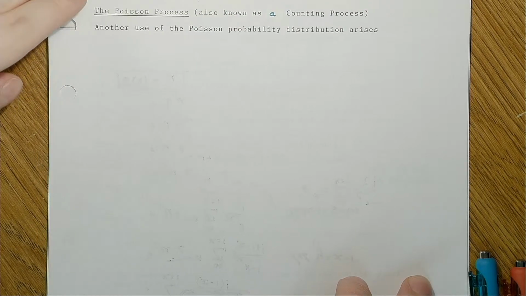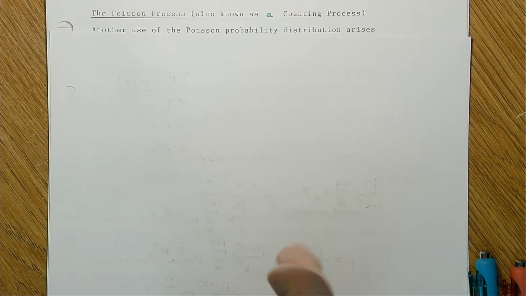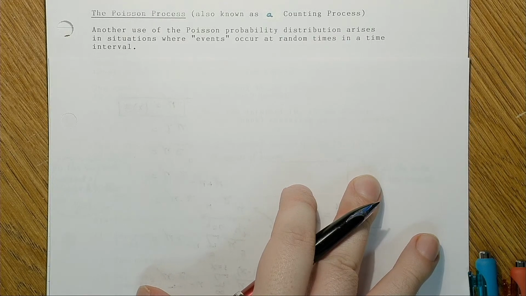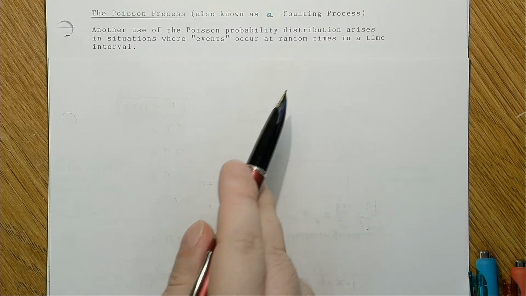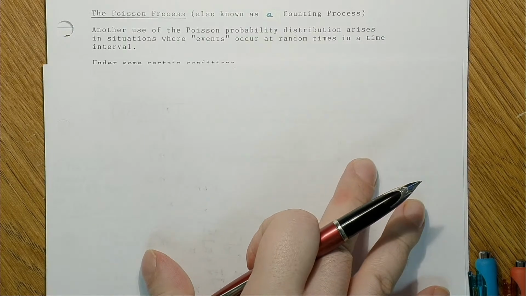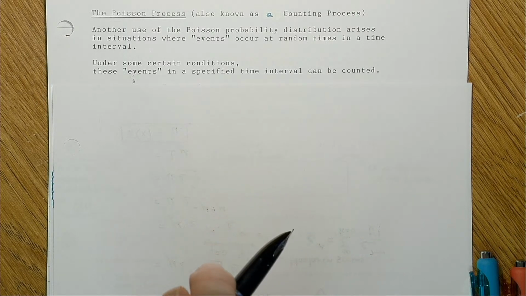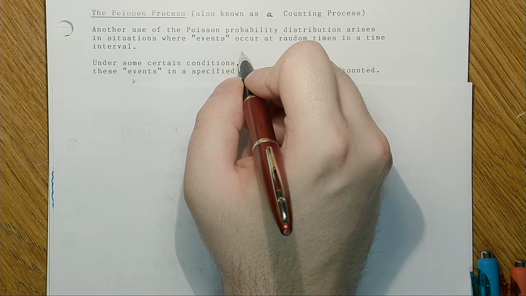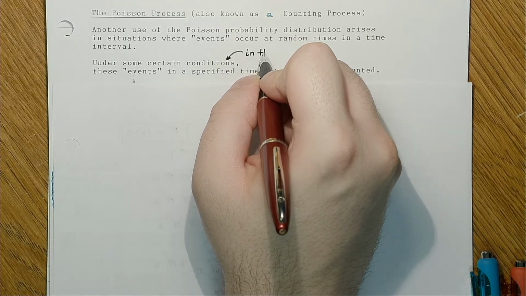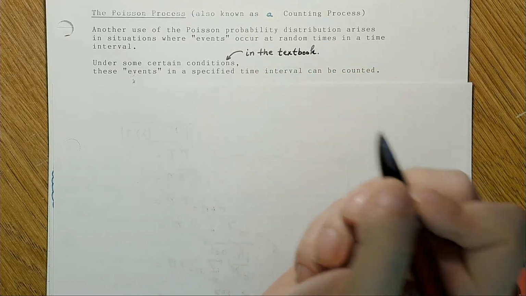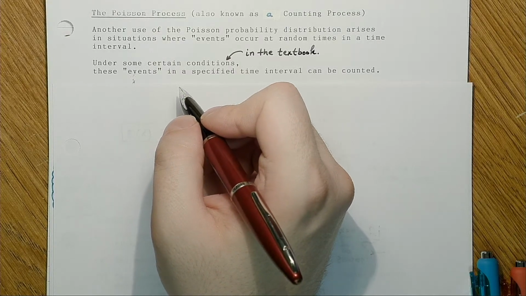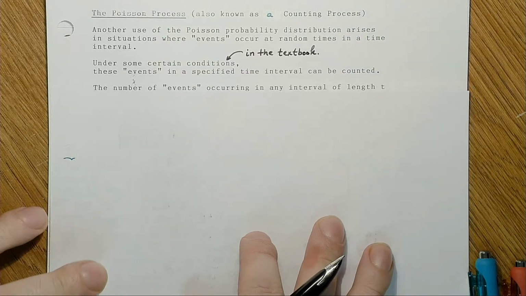Now, there's another thing that we can do, and we're going to talk about the Poisson process, and it's known as a type of counting process. So another use of it is in situations where events occur at random times in a time interval. Okay? And under certain conditions, those conditions, again, they're in the textbook, these events in a specified time interval can be counted.